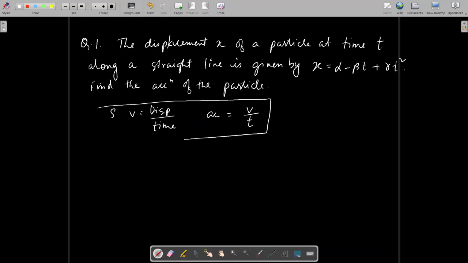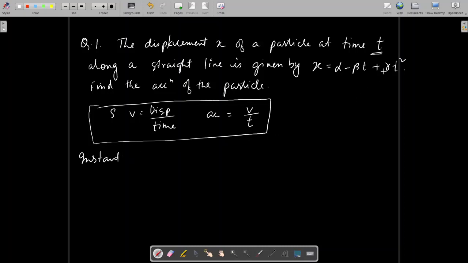Now what happens here, we can apply at any instant at a particular time t, that is at any instant t we need to find out what is the acceleration of the particle. Okay, so how we can find is by applying differentiation. So now the acceleration that we are going to find, that will be known as your instantaneous acceleration.